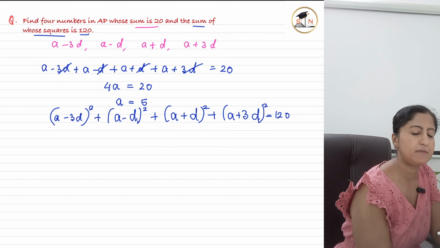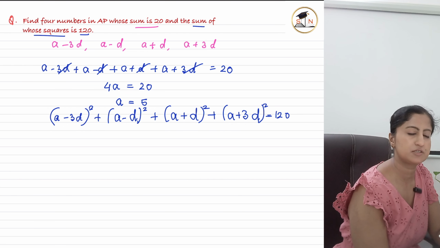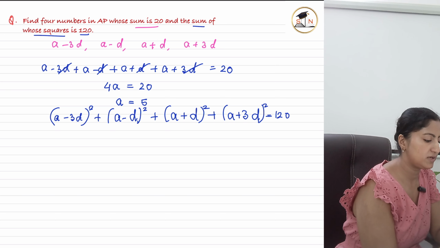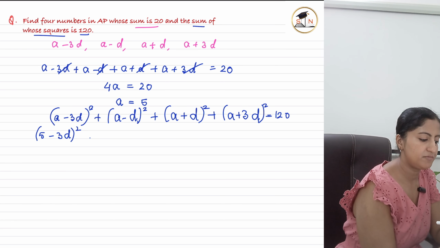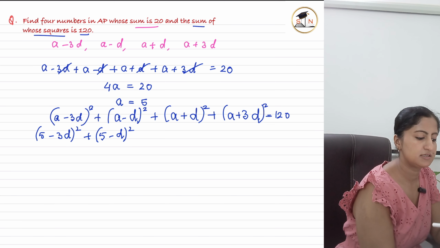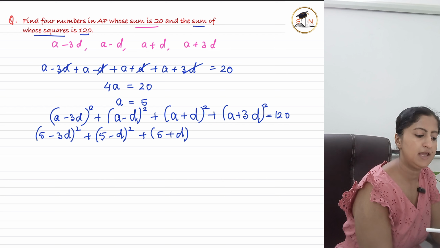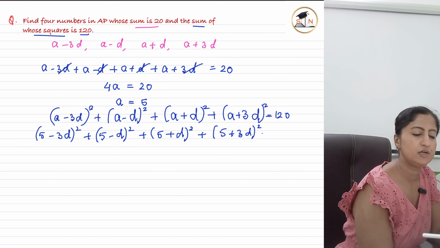So, before we expand the squares, we should substitute it. That leaves us with 5 minus 3D whole square plus 5 minus D whole square plus 5 plus D square, and the last 5 plus 3D whole square equals 120.